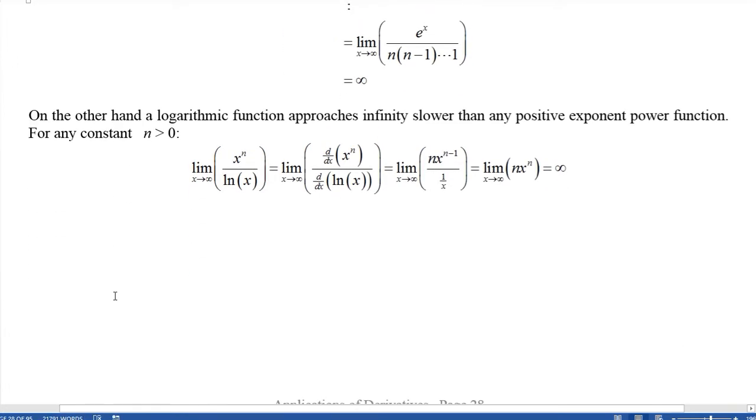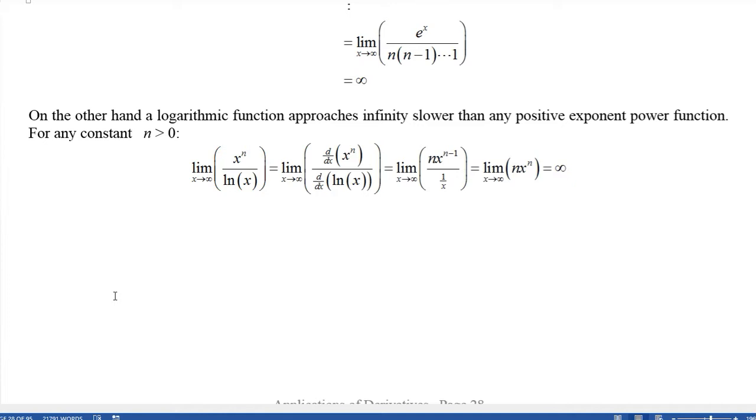On the other hand, a logarithmic function approaches infinity as x goes to infinity, but it does it slower than any positive exponent power function. So for any power n greater than 0, the limit of x to the n over ln of x has the form infinity over infinity, so we apply L'Hopital's rule.